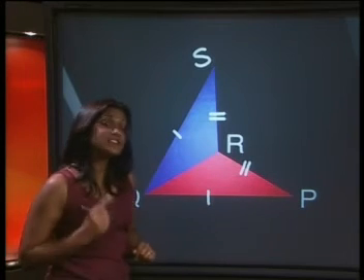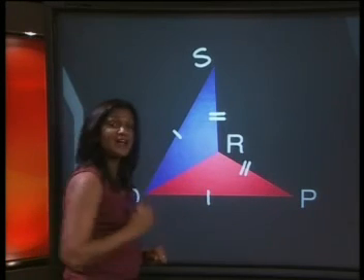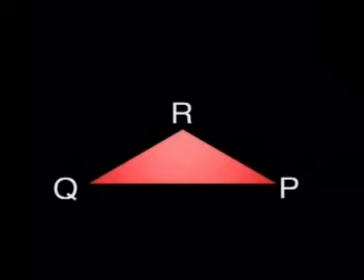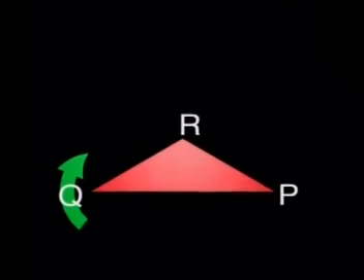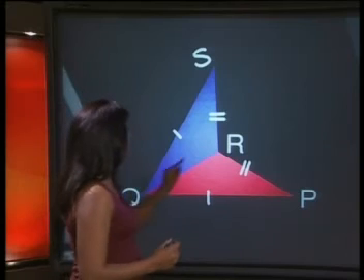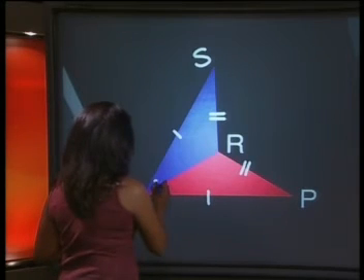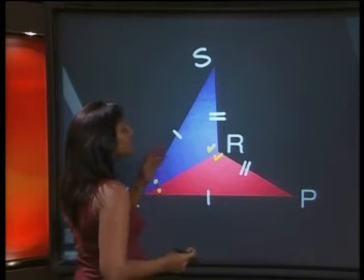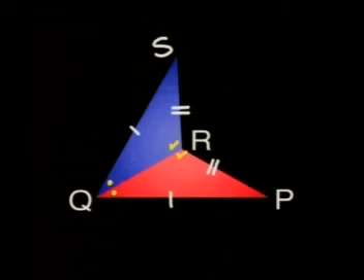Now, does the diagonal QR bisect the angles at Q and R? Let's flip this triangle to check. Yes, these angles at Q and R are equal. Remember, they came from the same original triangle.